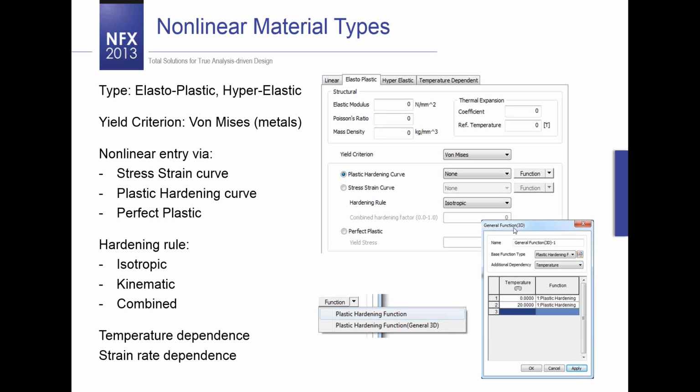And this plastic range supports the hardening rule, which is divided into isotropic, kinematic, and combined. Also, Midas FX provides you the temperature dependence and strain rate dependence, which is often called creep.